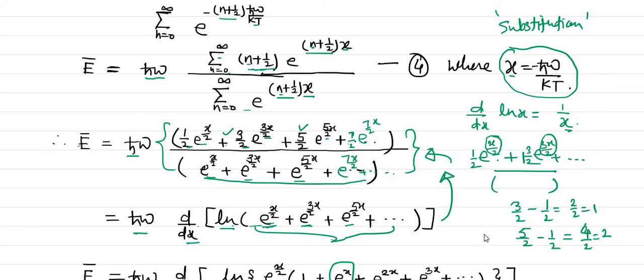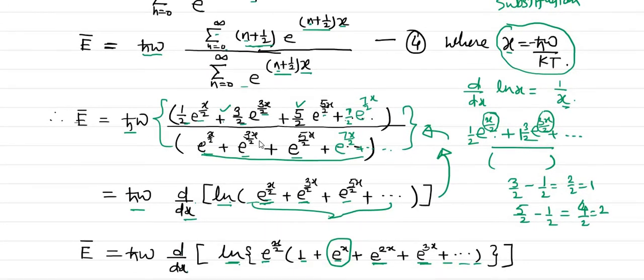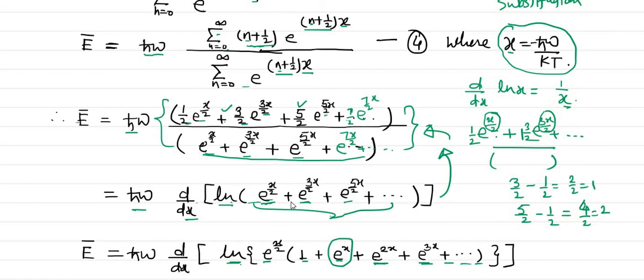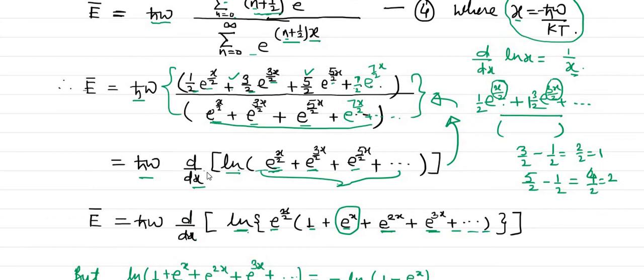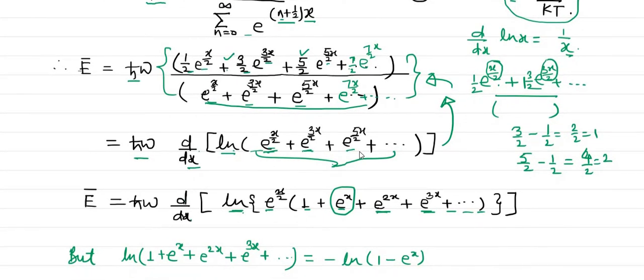What we understand is that the numerator is the derivative of the denominator, and that's why we have written this as d by dx of log of this denominator, because the derivative of log x is 1 by x. So for this equation we can write a simpler form in terms of a derivative, d by dx of log of this series. Again, in that bracket we can take a common factor, e power x by 2.